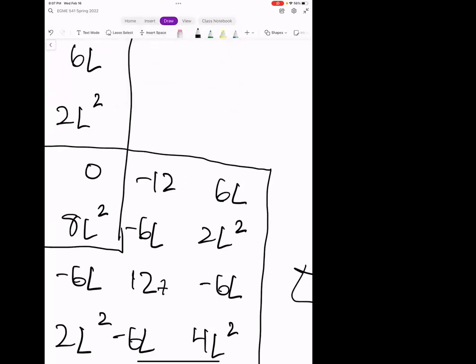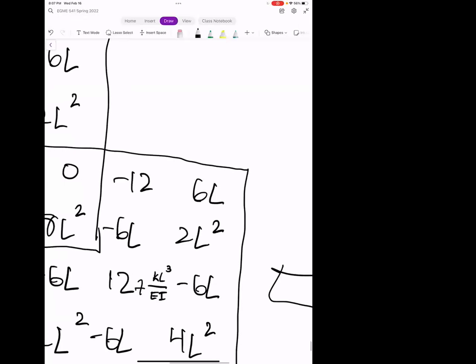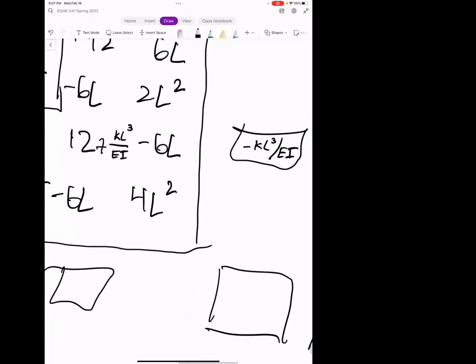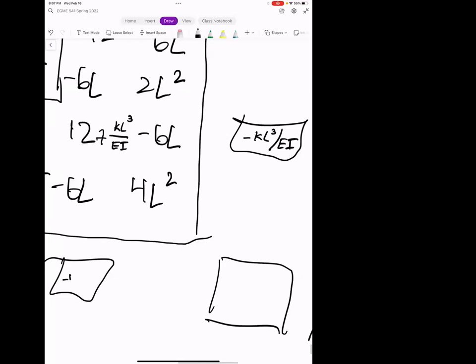All right, so it's going to be plus K times L cubed divided by EI. This is going to be a minus K L cubed divided by EI. This is going to be a minus K L cubed divided by EI. And it's going to be a positive K L cubed divided by EI.